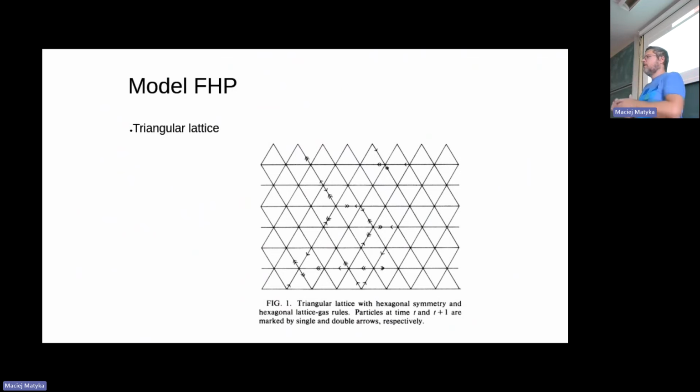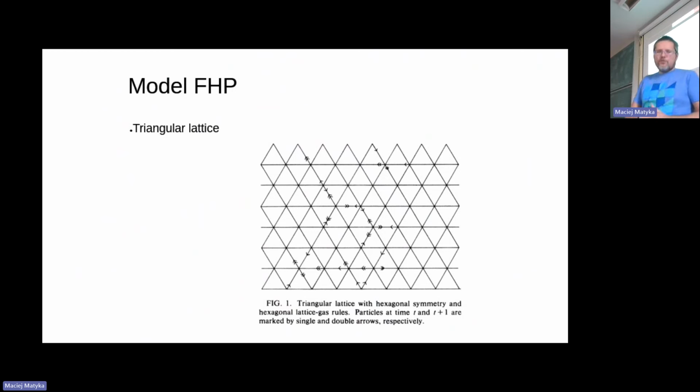The most known is FHP3, which simulates fluids up to some viscosity. I was studying FHP5, which has the simplest possible collisions, because I was not interested in the viscosity of the flow. I was interested in the dynamics of a system which is over diffusion. That was the idea.